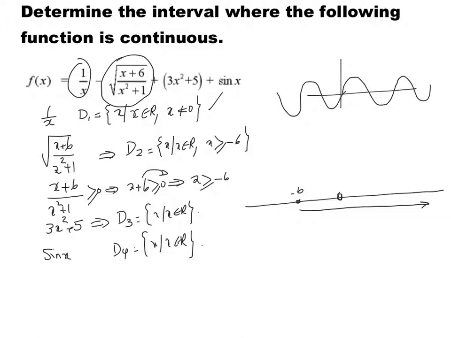The next one is x in R, and the last one x in R. So you can see that our domain, the final answer, is x such that x in R, x has to be greater than or equal to -6, and x cannot be equal to 0 because of this condition.